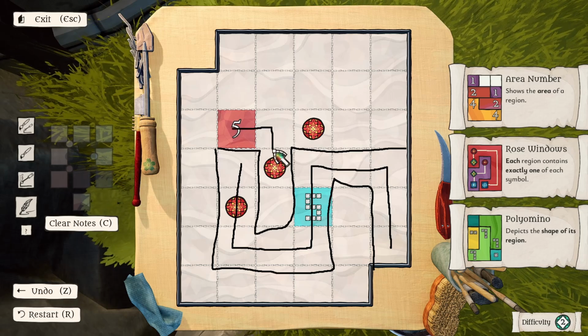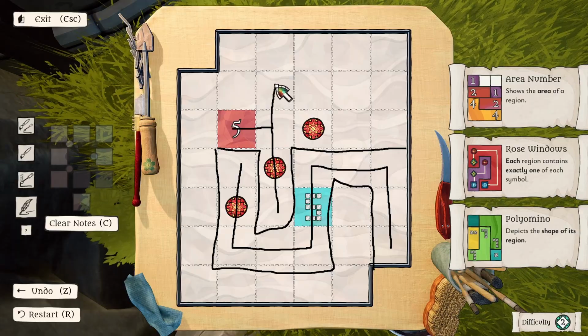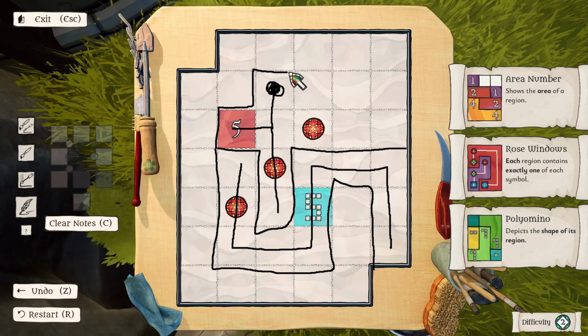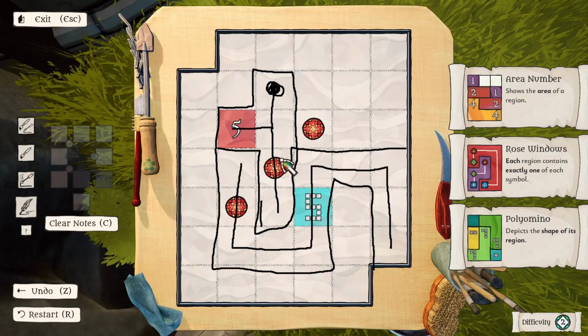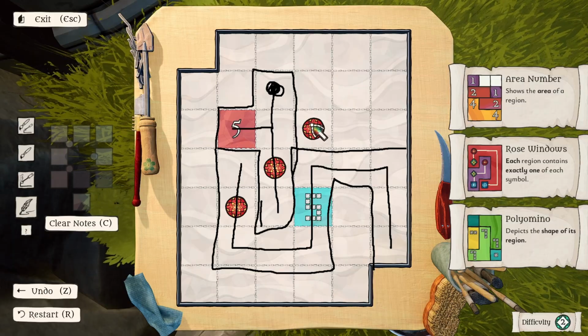So 1, 2, 3, 4. And if this takes that cell, it works. We get a Y pentomino here that takes that. This one takes everything else because there's no restriction on it.